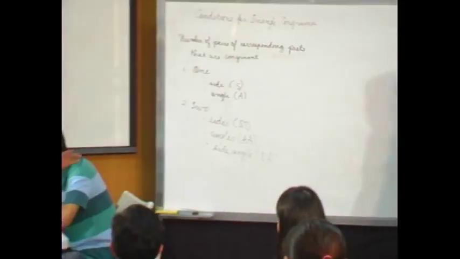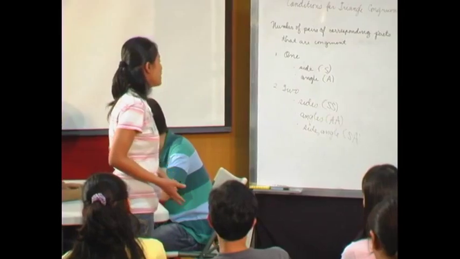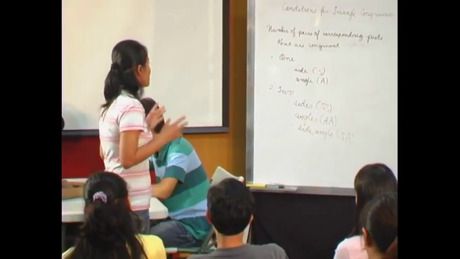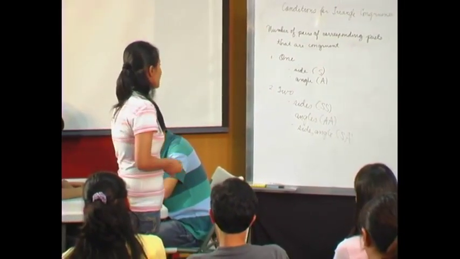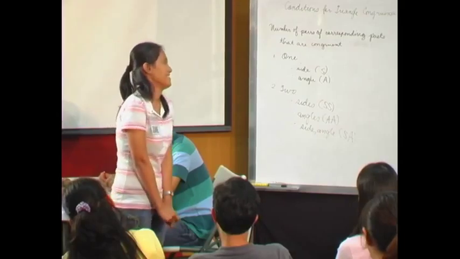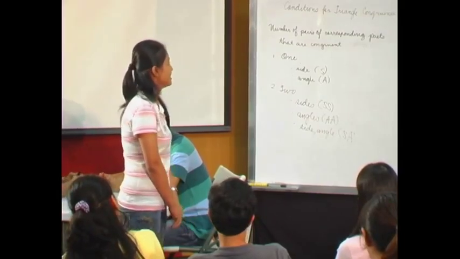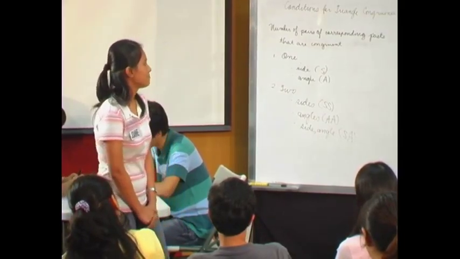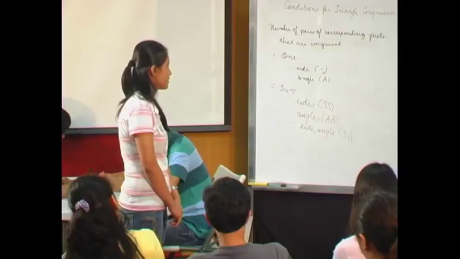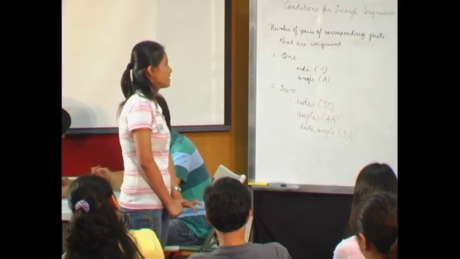Based on the results of the activity, we can conclude that given two pairs of corresponding congruent angles, we still cannot construct two congruent triangles. What about when you have one pair of corresponding sides that are congruent and another pair of corresponding angles that are congruent?